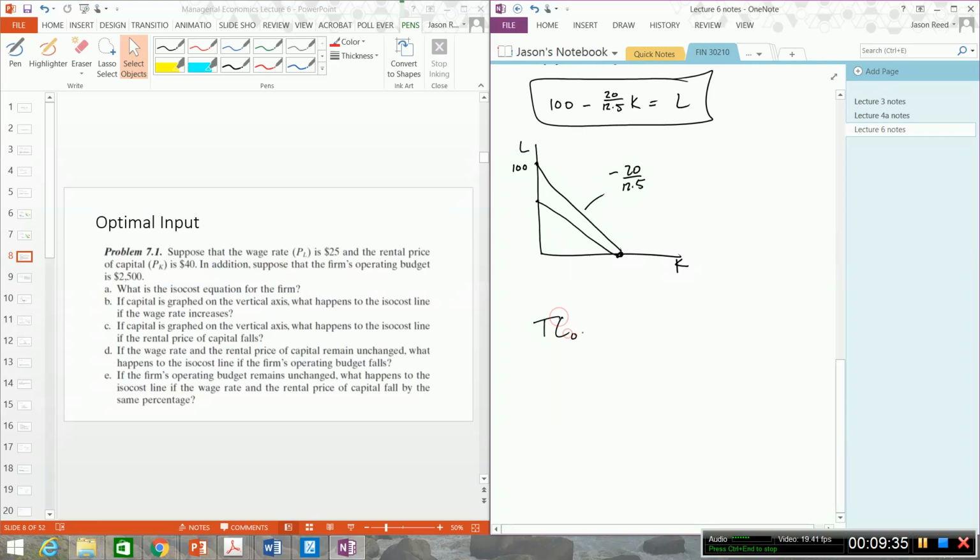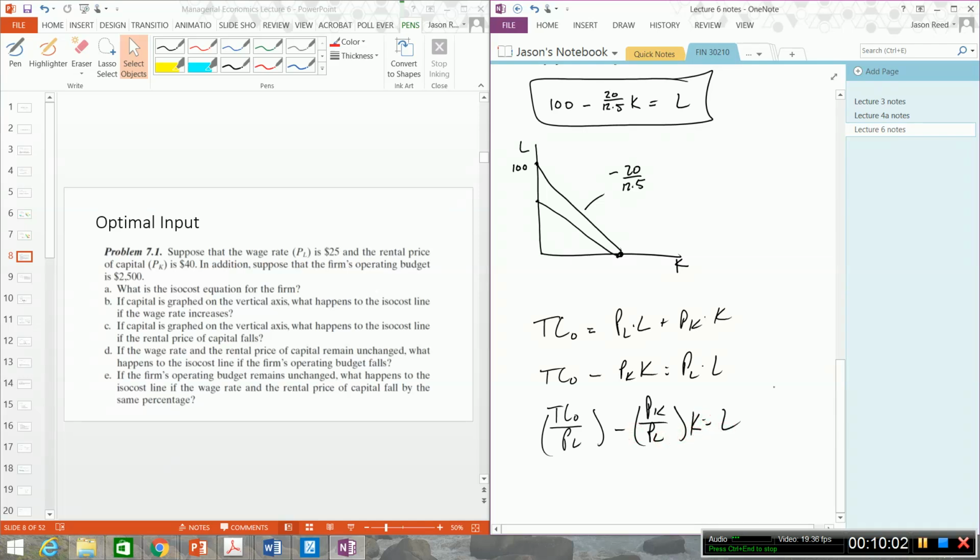We had total cost sub naught equal to P sub L times L plus P sub K times K. And so we have TC naught minus P sub K times K is equal to P sub L times L. And so now we have TC naught over P sub L minus P sub K over P sub L times K is equal to L.